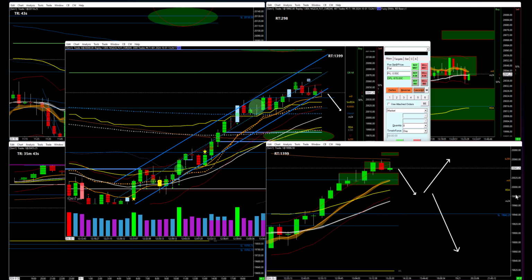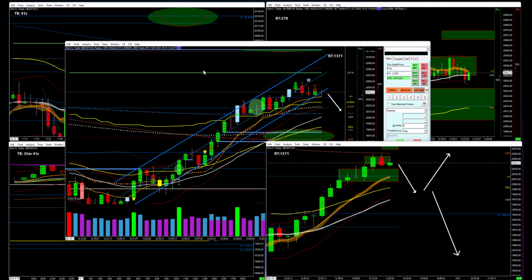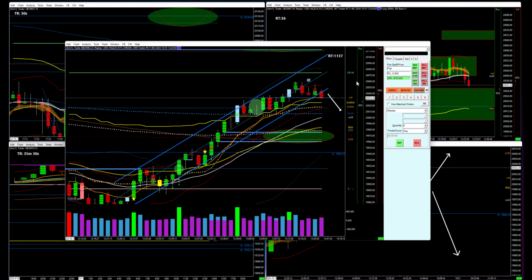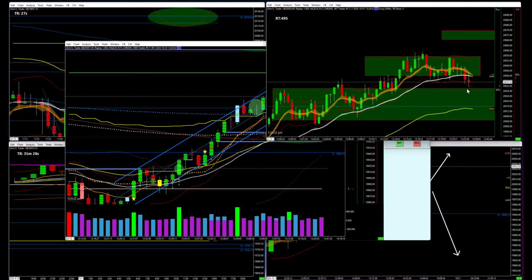Let's see if this guy here is going to turn red. This guy is. 36 seconds left in this candle here. Potential rollover.